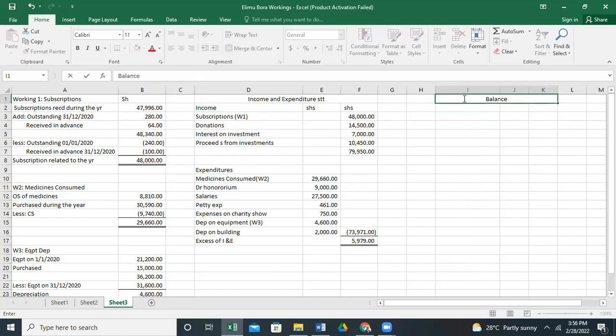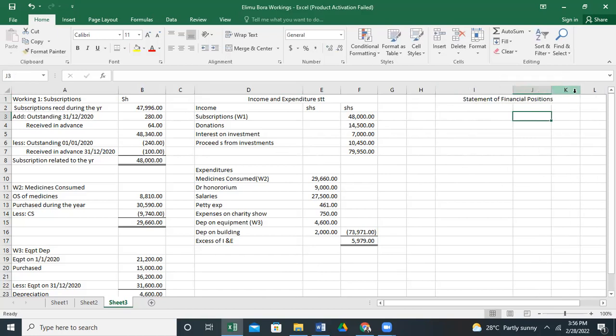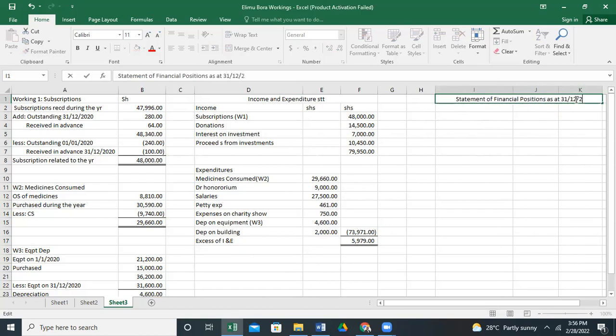Let me know, accounting is organic. So let us make use of the latest business language. A language keeps on changing. It's like Sheng, keeps on changing, getting new jargons. So balance sheet, and our balance sheet is as at. Don't forget that, as at. We prepare balance sheet as at the end of the period.